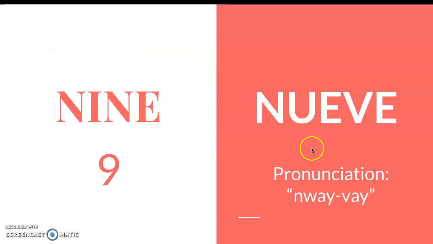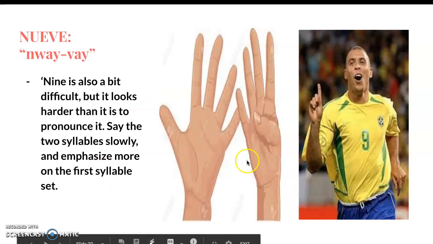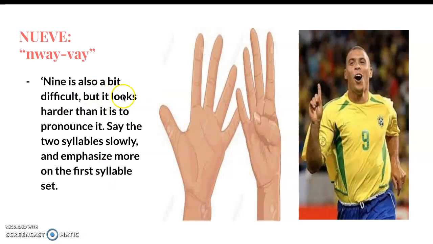Next we have 9, which translates to nueve. 9 is also a bit difficult, but it looks harder than it is to pronounce. The 2 syllables, nueve, say it quickly, nueve.